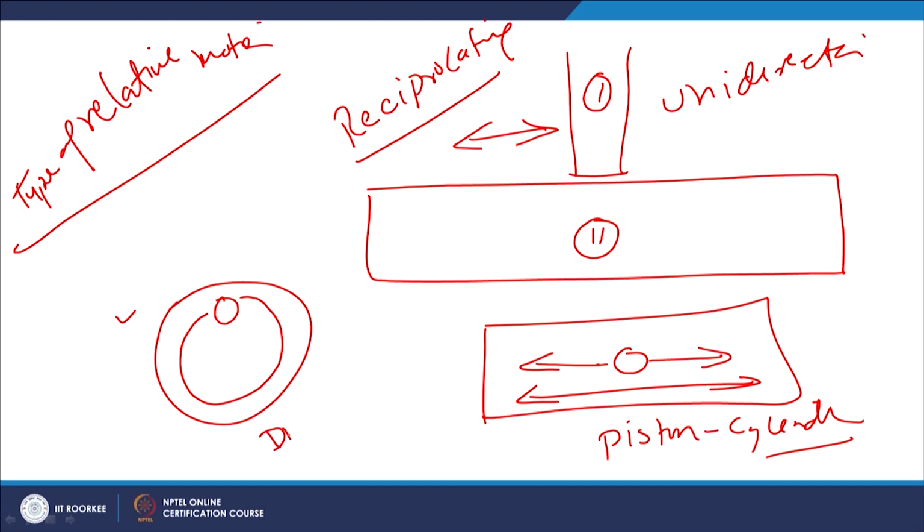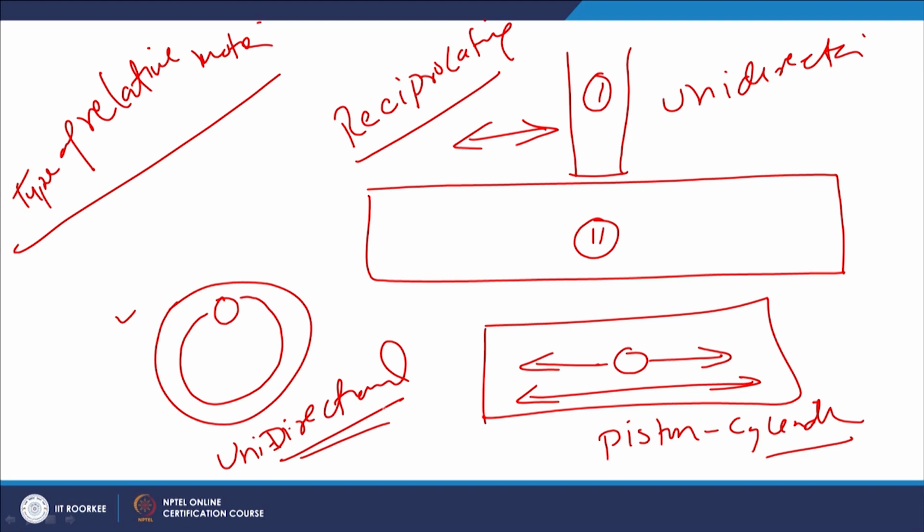So in unidirectional relative movement, the direction of the movement remains one and single. What is the implication of the relative movement of the component with respect to the counter surface? That is what we will be seeing now.